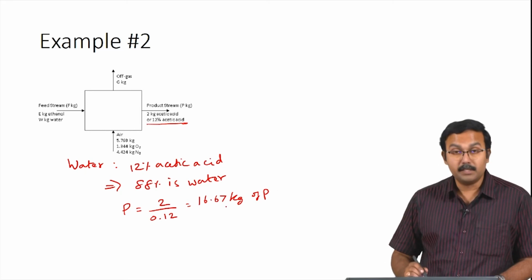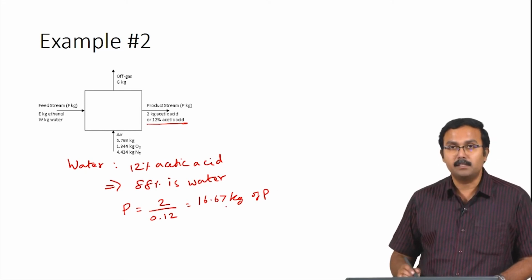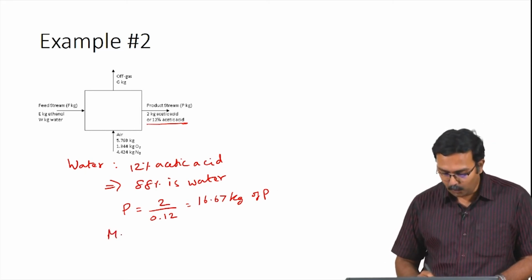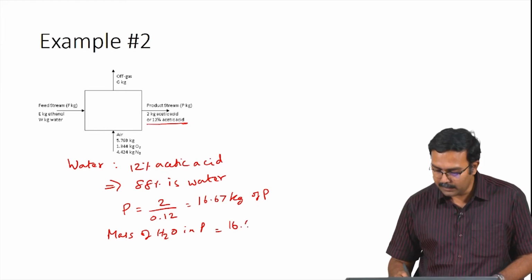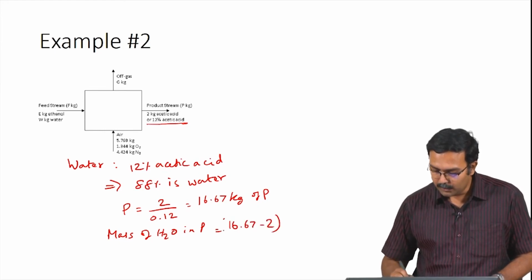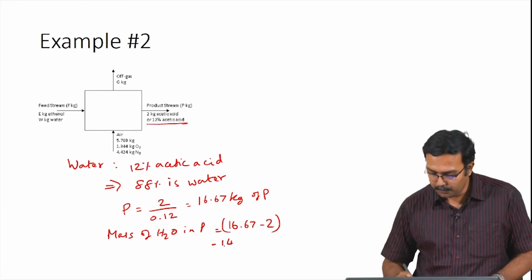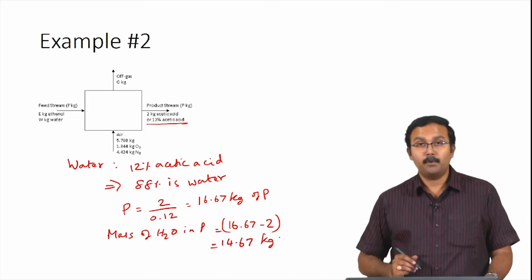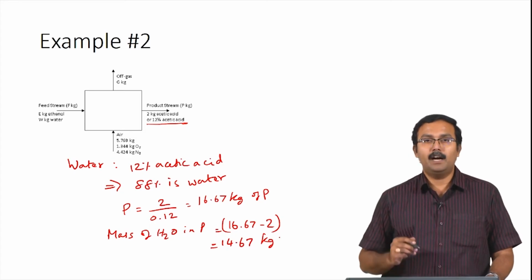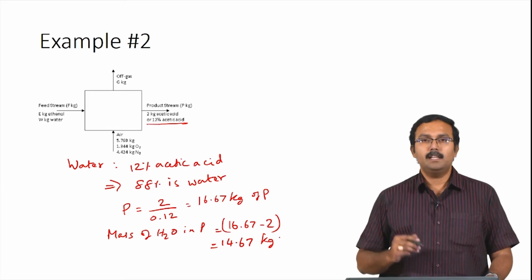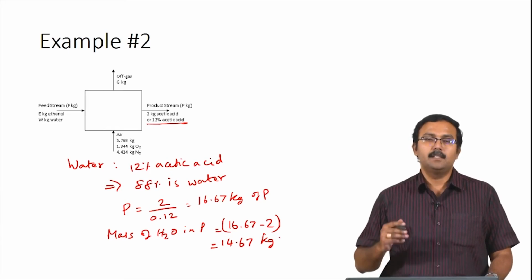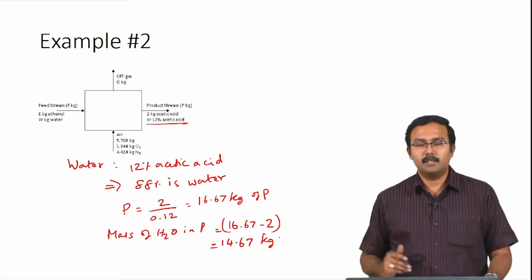If 2 kilograms of this 16.67 kilograms is acetic acid, mass of water in the product stream P would be 16.67 minus 2, giving you 14.67 kilograms leaving through the product stream. So, we need to have at least 14.67 kilograms in the product stream, so that the water dilutes acetic acid to a 12% concentration.